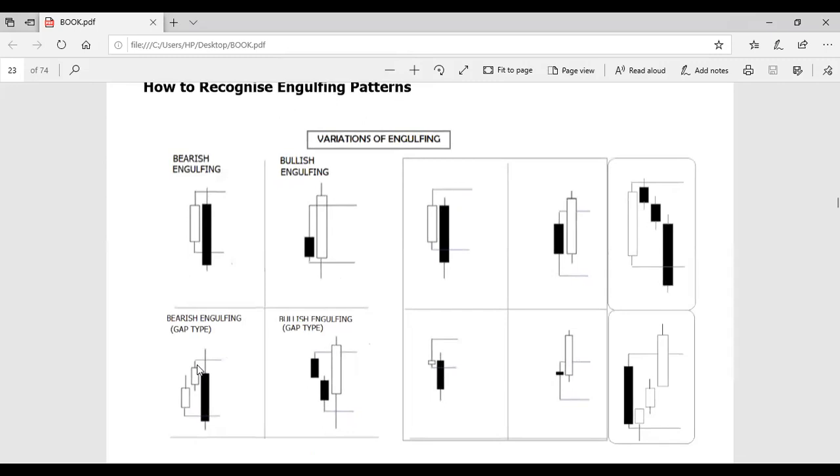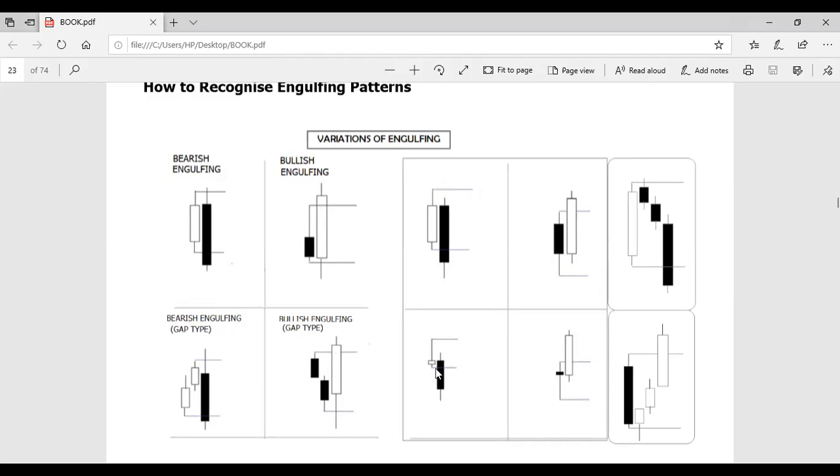Here price opens lower than the close, but as long as the wick covers up the body, it's engulfing. It's engulfing because this is the total range of a candle. The wick high and the wick low is the total range. As long as the body is contained within the total range of that candle, it's still an engulfing.